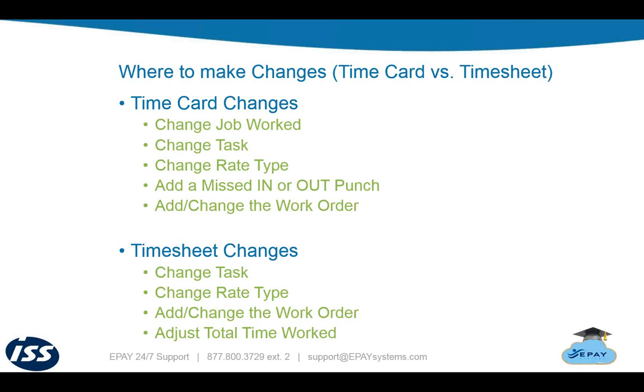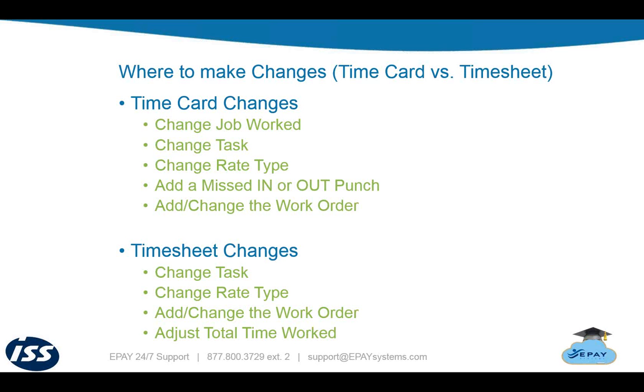The timesheet is where you see your calculations. If there's shift differentials, if there's lunch rules, that is where those are applied. If you have auto split set up, so if you have an employee that you automatically split time across several jobs, you will not see that in the time card, because again, the time card is your total hours worked.